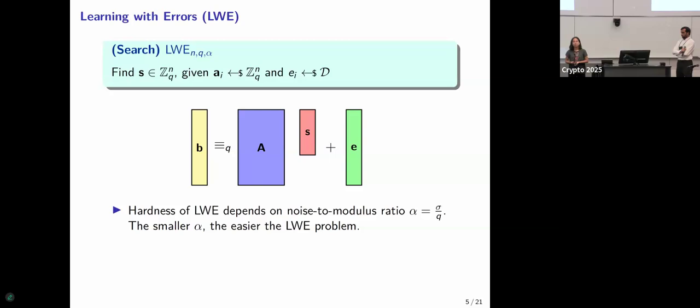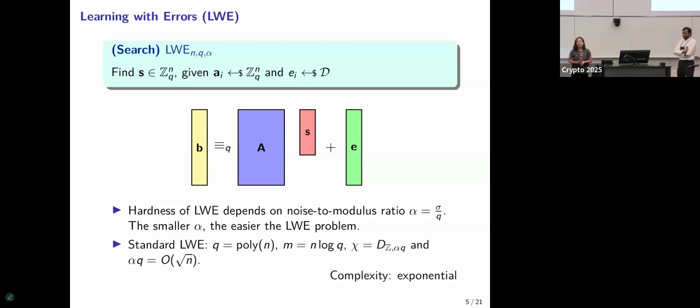In the LWE standard setting, the size of the modulus q grows polynomially in n, and m equals n log q. The error distribution is the discrete Gaussian distribution with standard deviation around square root of n. The best algorithm to solve LWE, as we know, runs in exponential time.